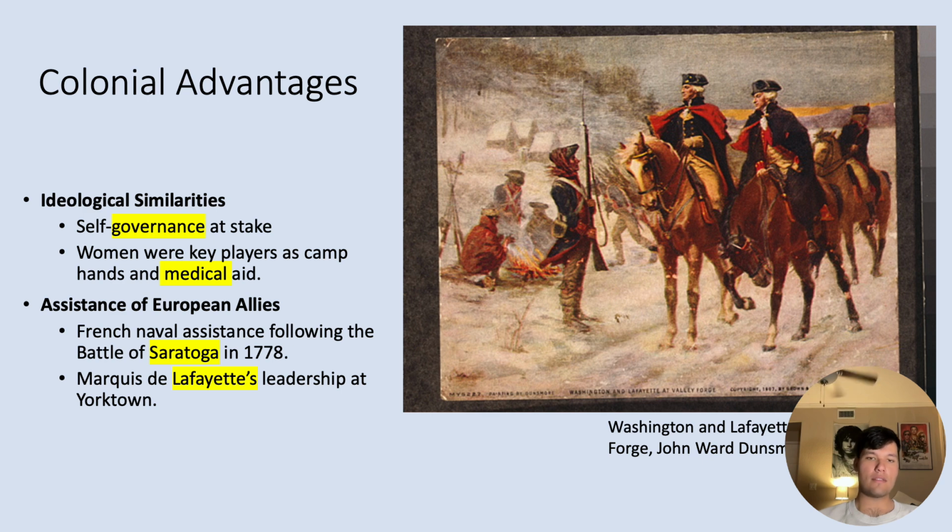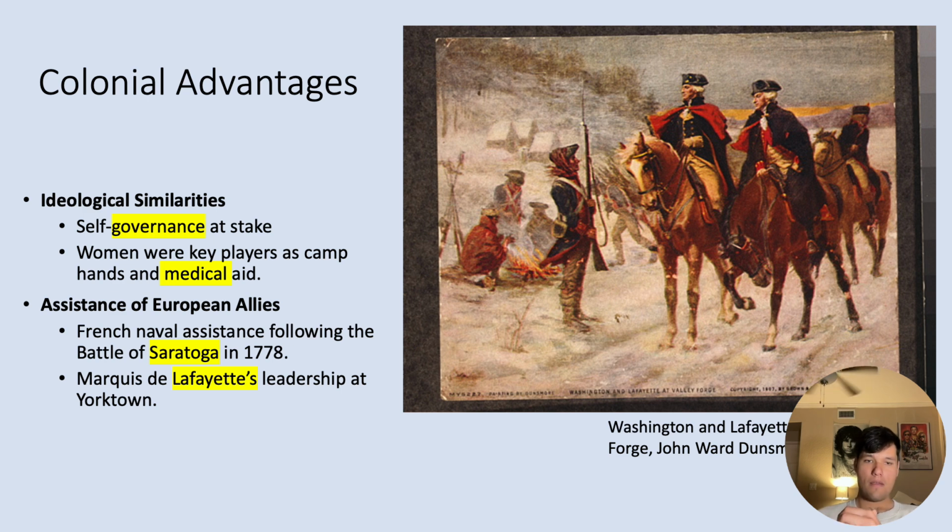The Marquis de Lafayette, a French aristocrat, which is basically a high-ranking French military man back then, was instrumental in leading troops, especially in the defense in the Battle of Yorktown.